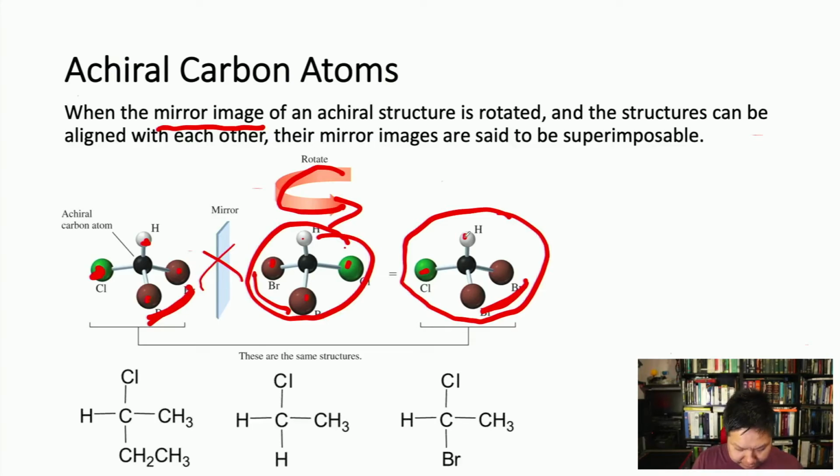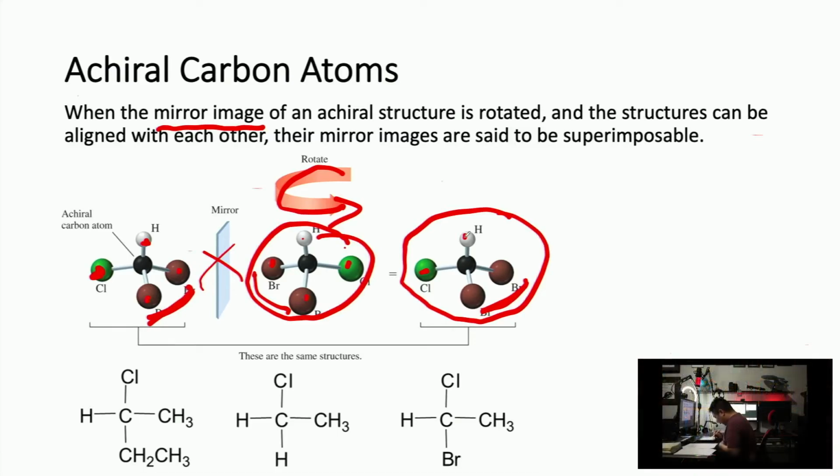So let's do a little practice here. We have this molecule here, and we're asking ourselves, is this one chiral or achiral? The first thing to note is that it has 4 different groups.